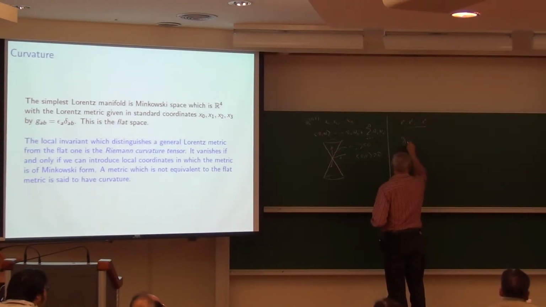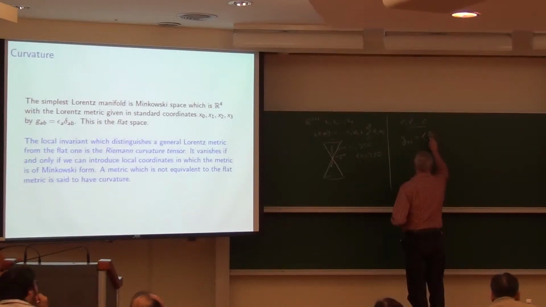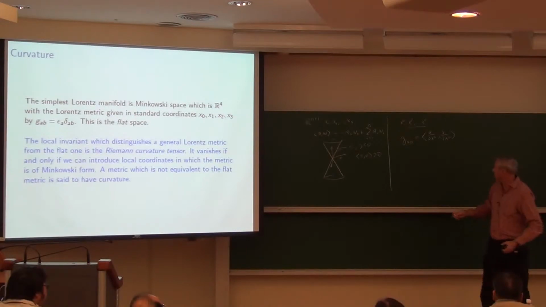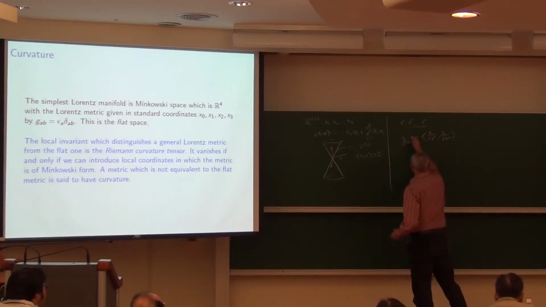The functions are g_ab, which are the inner products of the coordinate vectors ∂/∂x^a and ∂/∂x^b. And at each point, that's just a non-degenerate matrix, and of course it varies from point to point as a function of x.